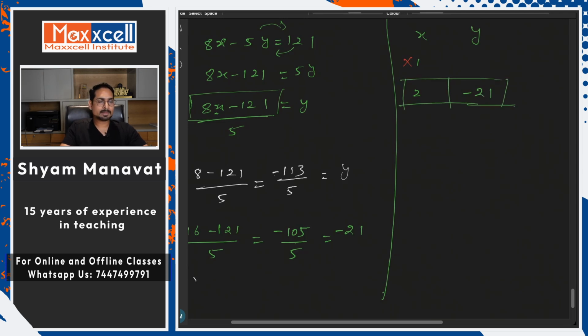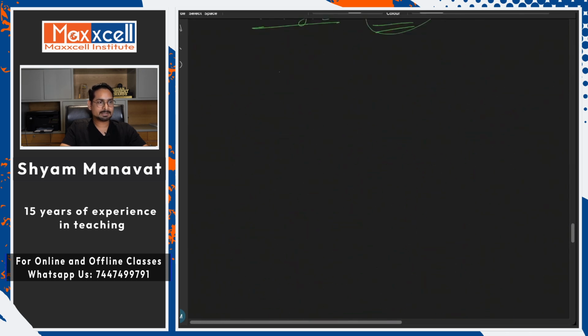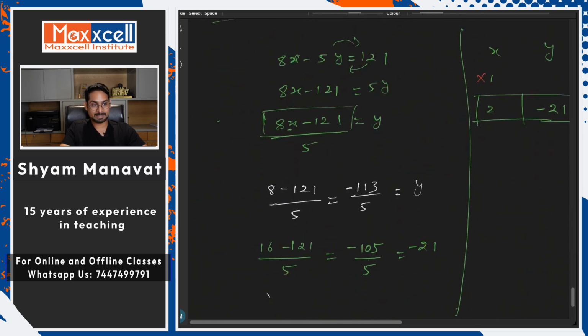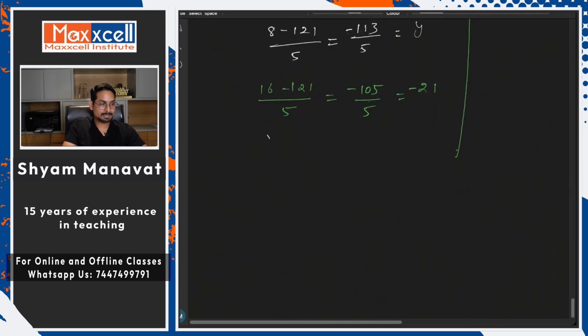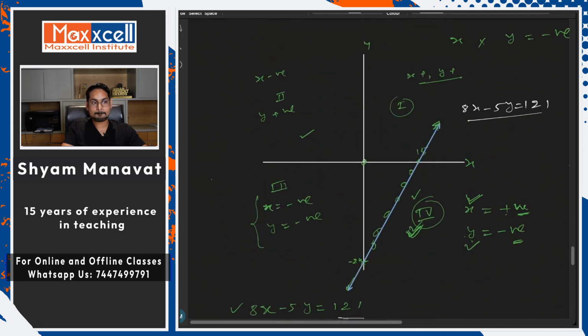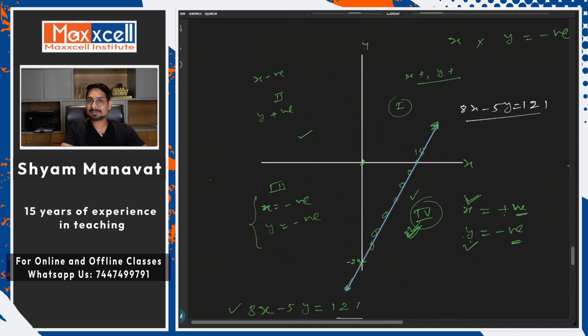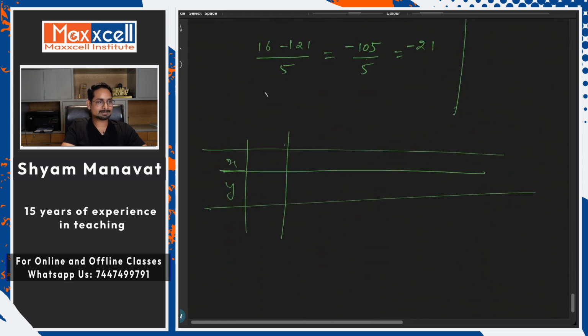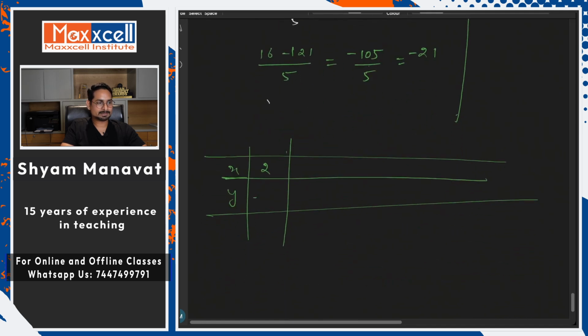Now I can apply the trick which we understood from the previous two questions, and applying this we can get some values of x and y, where I have to keep the value of x positive and the value of y negative. That's the only thing possible for this particular line. That's the behavior of this line, right? So x I am getting 2 as minimum, y I am getting minus 21.